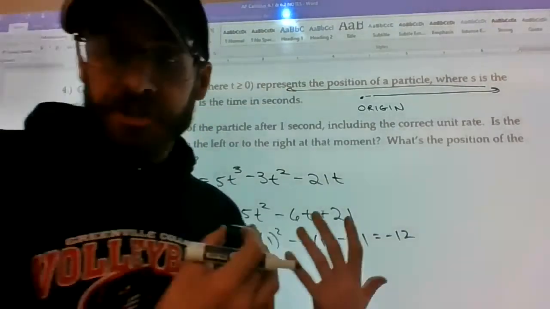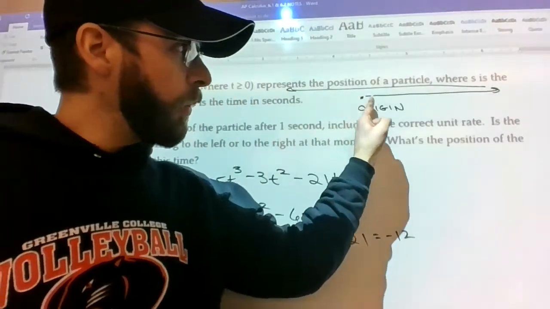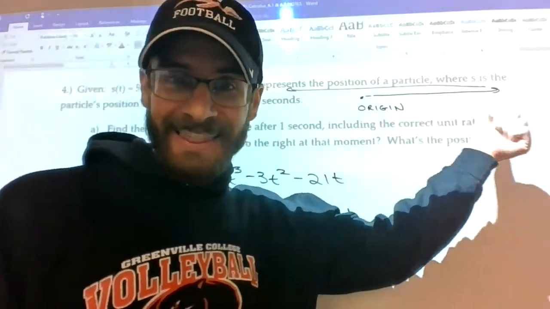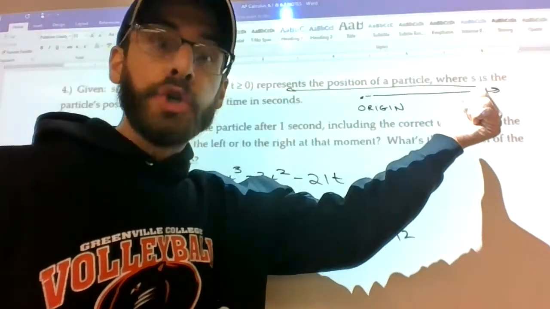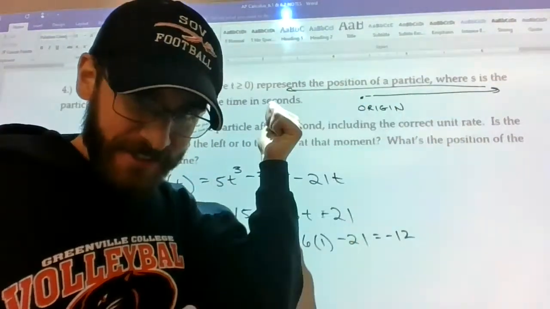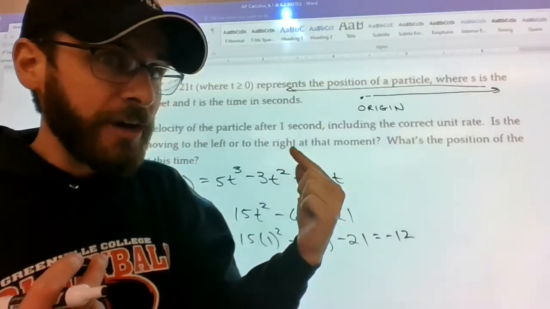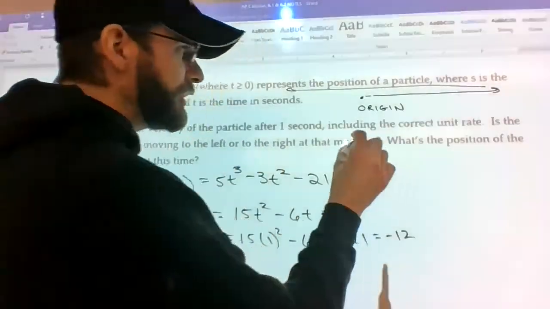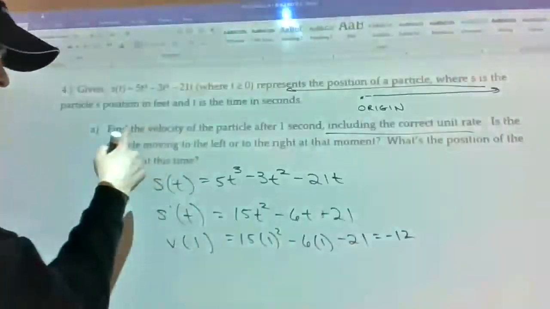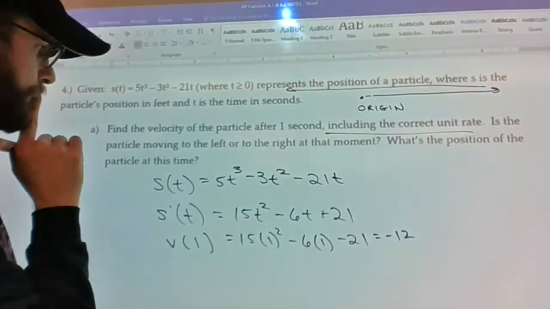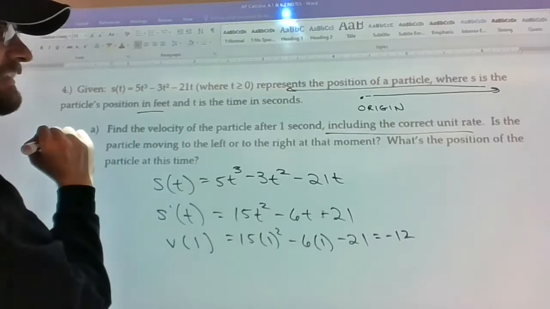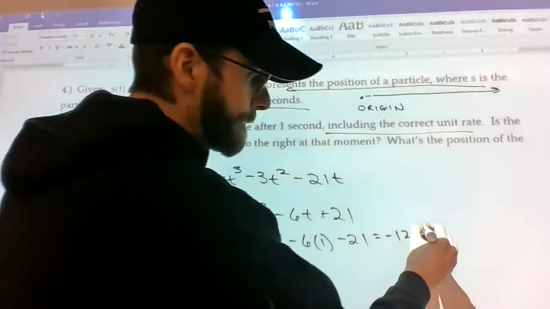If we're talking in terms of the origin, we're going left. We're traveling left, not necessarily that we are left of the origin. And we would use the correct unit, feet per second.